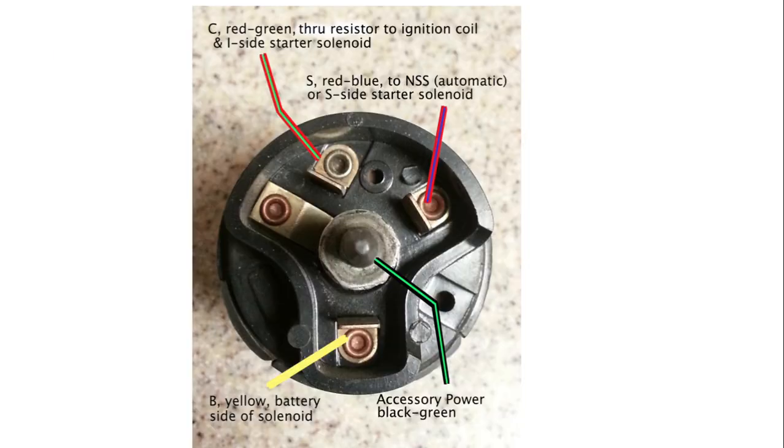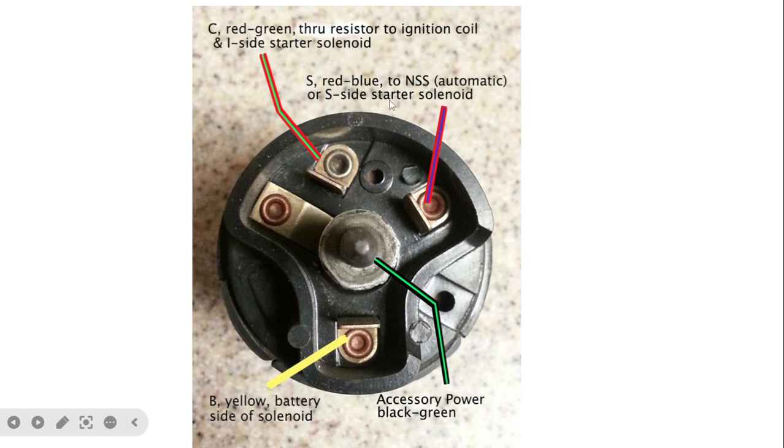Now in the next slide we'll see the back side of the switch, the view from the terminal side of the car switch or connector. Here you can see, as they have also mentioned, this terminal is connected to the starter solenoid.